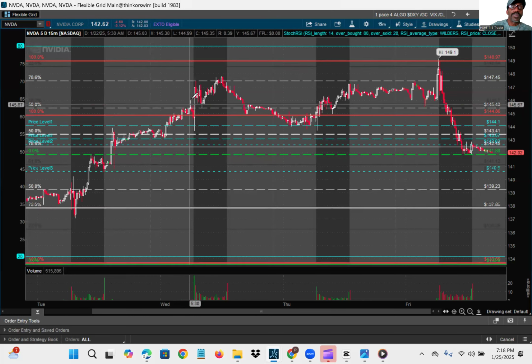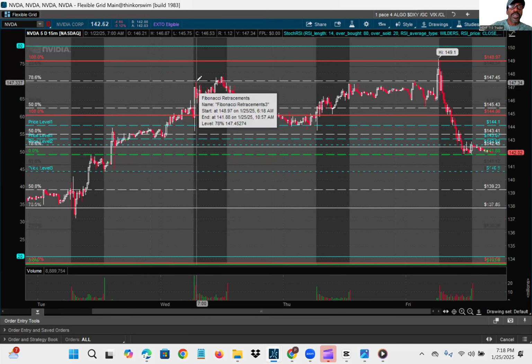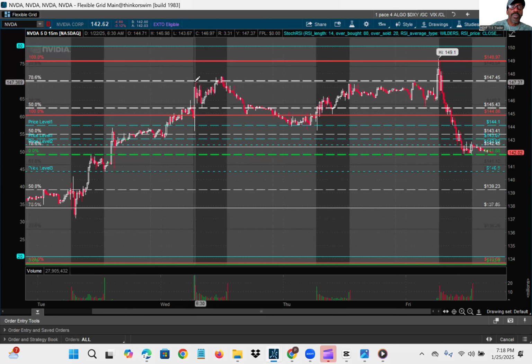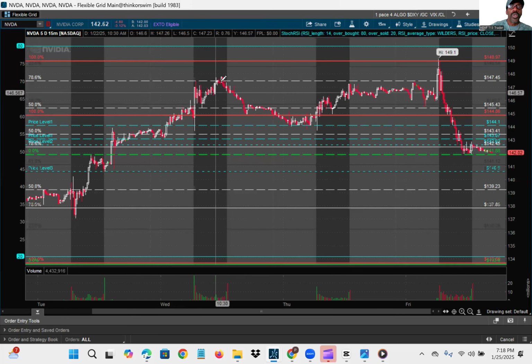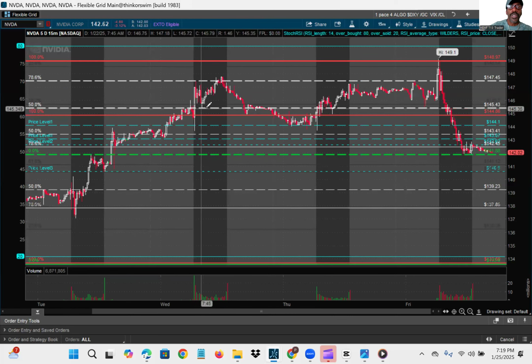It opened up and went to a market high, came back down and retested pre-market, and then went back up and retested the market high. So it's got 1, 2, 3, but it didn't break it. These are market support and resistance.